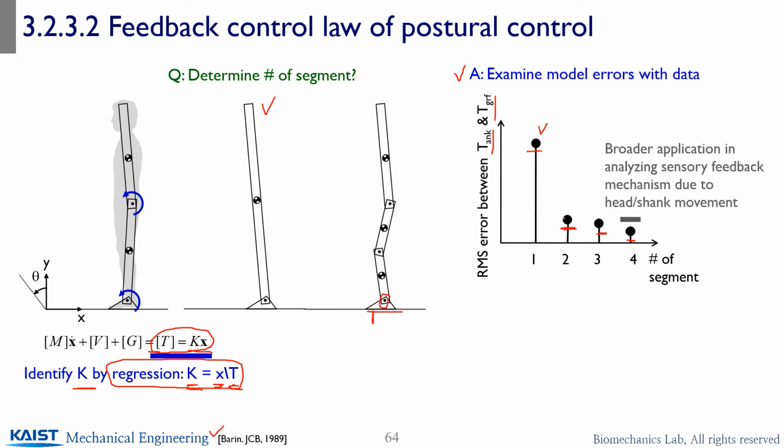Okay, so in terms of efficiency, guaranteeing the model accuracy without the cost of model complexity, I would choose that 2 segments will be enough. But if you would like to examine maybe the influence of the head movement, you should definitely include more segments.